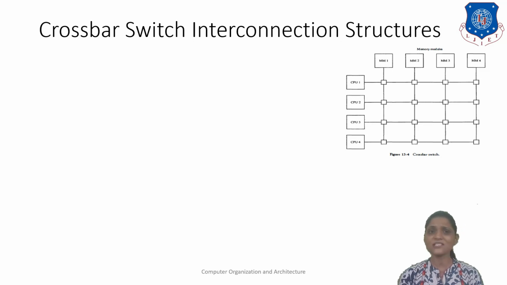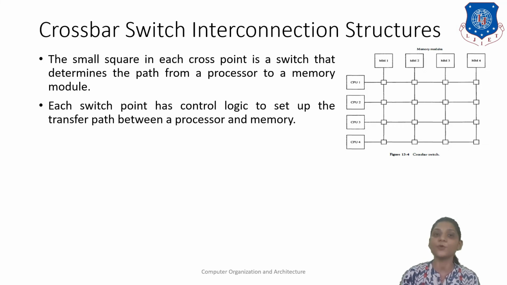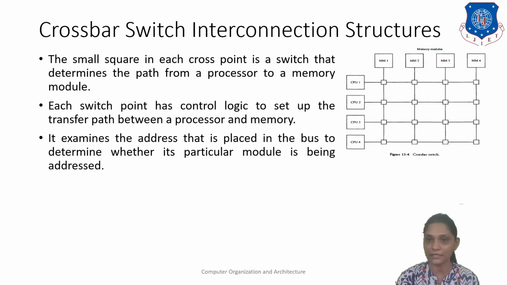The next method you can use is the crossbar switch interconnection structure. In that, we have crossbar switches connected between the memory modules and the CPUs. The small squares here represent the crosspoints, the switches that determine the path from the processor to the memory modules. Whichever switch is crossed, that particular path will be connected. Each switch point has control logic to set up the transfer path between the processor and the memory.